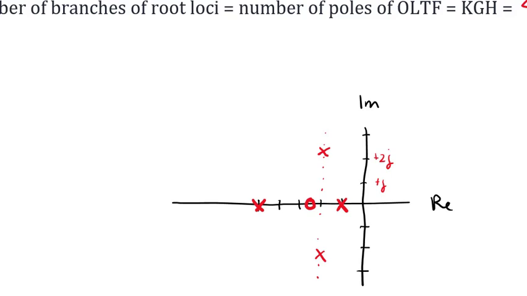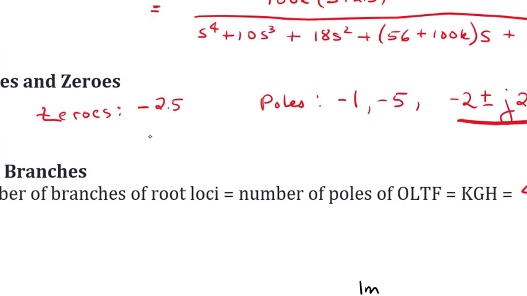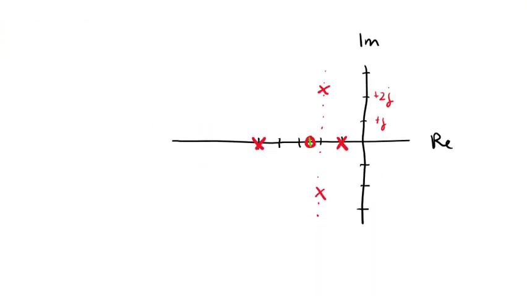It took place right at negative 2.5, and the angle was plus or minus 60 degrees, and plus or minus 180. So I can write that here. So sigma sub A equals negative 2.5, and gamma was equal to plus or minus 60 and plus or minus 180.